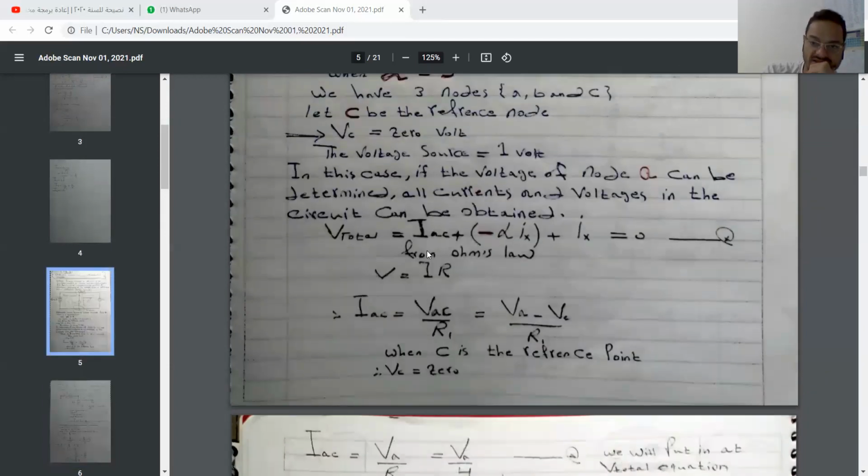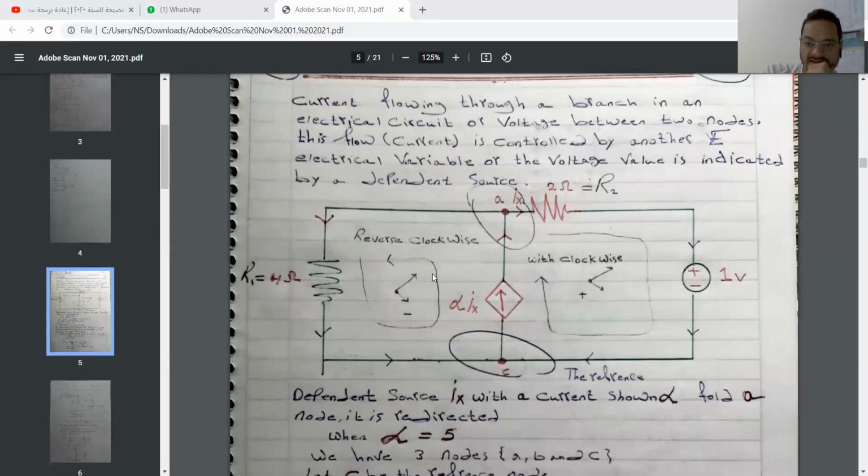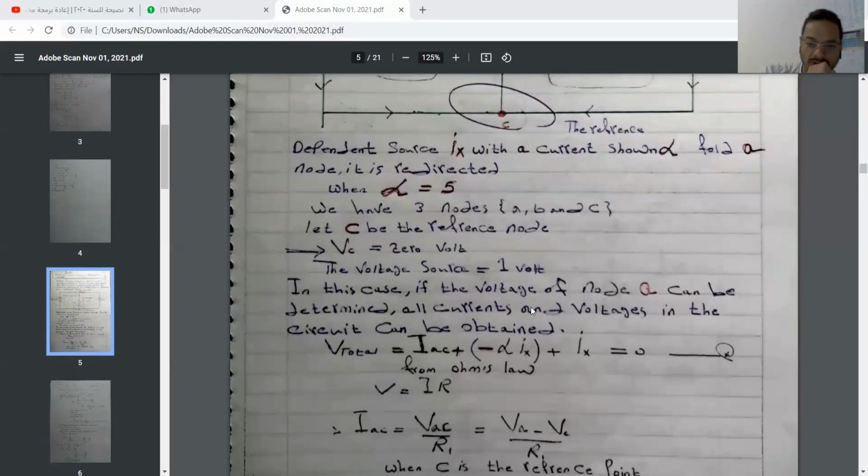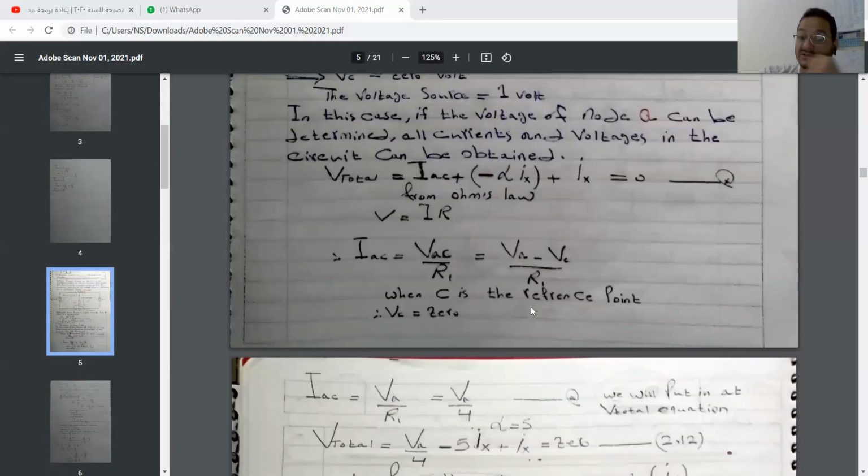Yes, IAC plus IX. That means IAC plus IX equals alpha IX. And because all of these Kirchhoff laws equal 0, we can say IAC plus IX minus alpha IX equals 0. This is Kirchhoff's current law.